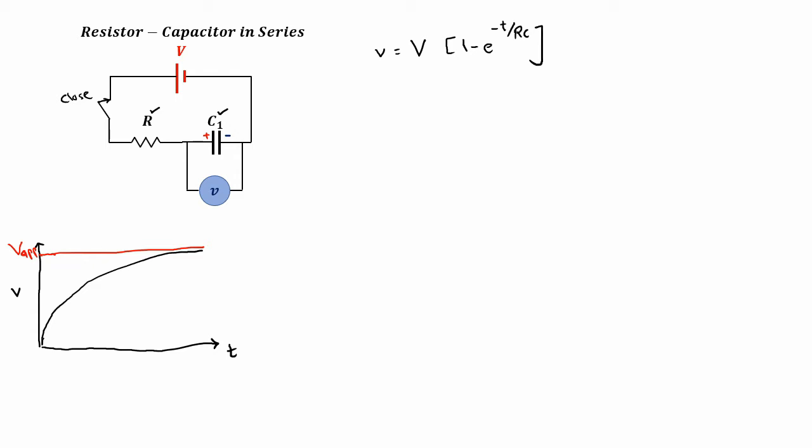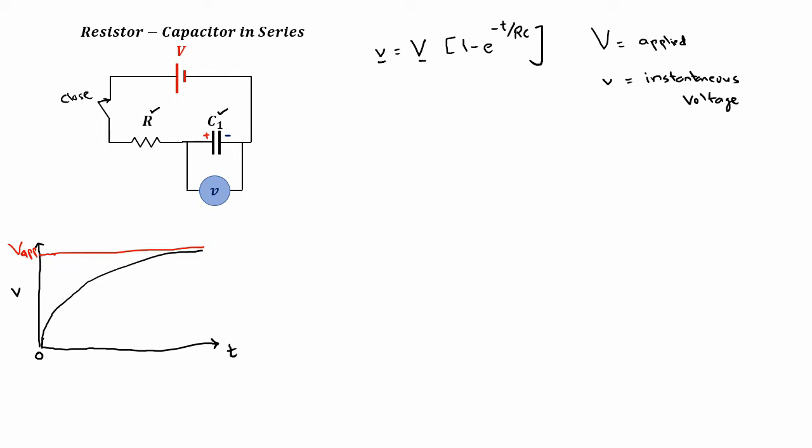What I want you to notice is that this V here is lowercase and this one is uppercase. The uppercase V is the applied or maximum voltage that you could have. The lowercase v is the instantaneous voltage. That means when you start, initially the voltage is 0, and then as time progresses, you can time it, and at this many seconds or minutes, see how much the voltage across it is.